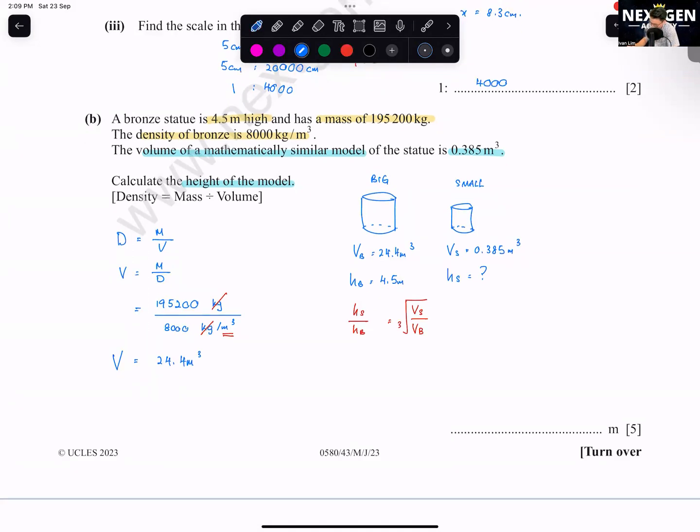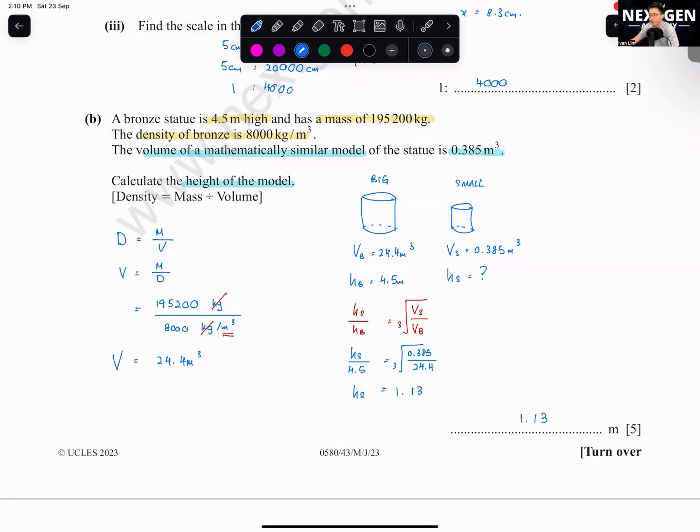Height small, I don't know what it is. Height big, 4.5. Volume small, 0.385 over 24.4. Let's type in the calculator. Cube root of 0.385 over 24.4, you get 0.2508. Then you multiply by 4.5. You should get 1.13.